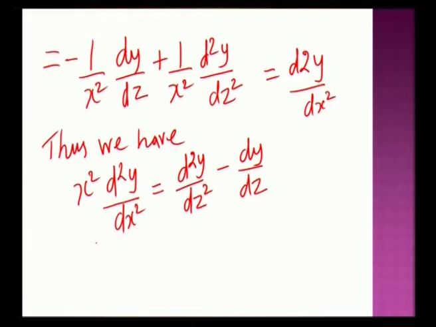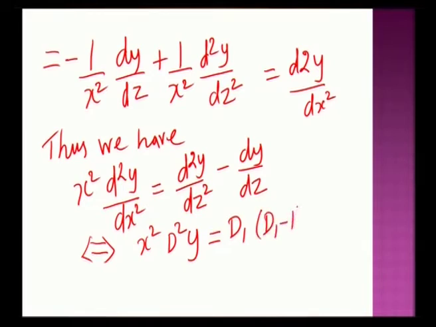Now, substituting the operators assumed, this equation will reduce to a simplified form: x square D square y is equal to D1 into D1 minus 1 into y, where you can write D1 square because the differentiation is with respect to z.